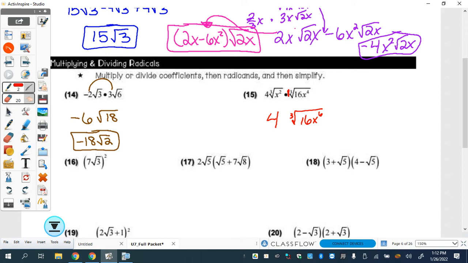So this one's a cube root. Is 16 a perfect cube? Nope. What is the largest perfect cube that'll go into it? 8. Is x to the 6th a perfect cube? Yes, because I can divide 6 by 3.